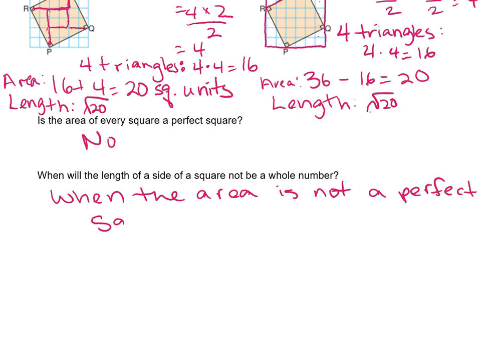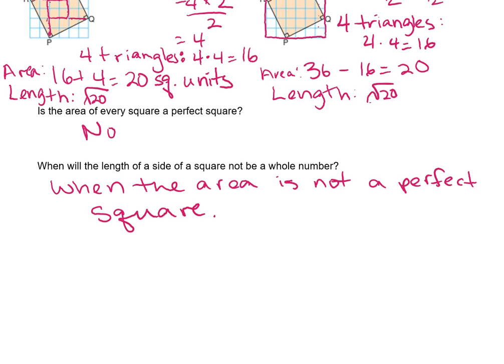So if we tried to take the square root of 20, you would get 4.5-ish. So we know that the length of one of those sides is around 4.5, but it's not going to be exactly 4.